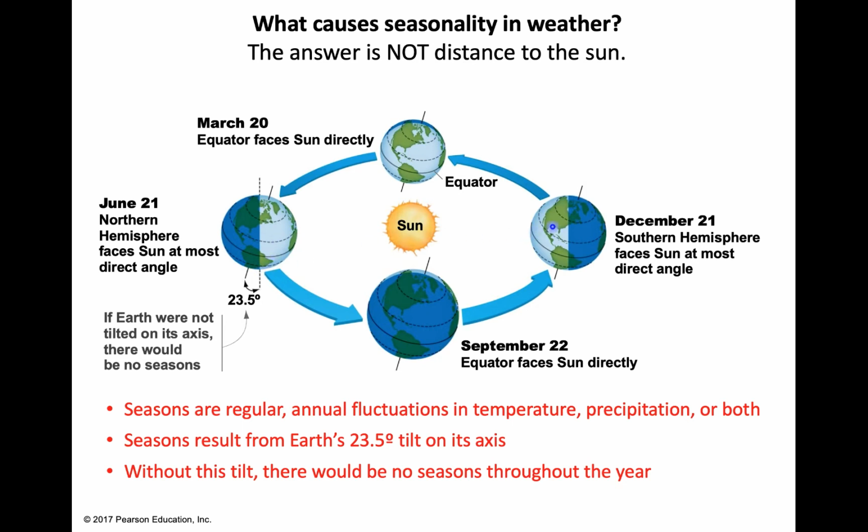And then in northern winter and southern summer, the southern hemisphere is getting more of a direct angle from the sun, and the northern hemisphere is more pointed away from the sun. That's the reason for the seasons, not distance to the sun.